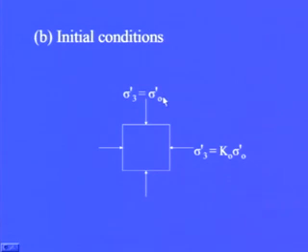Initial conditions are sigma 0 dash in the vertical direction, which we can determine as gamma dash into the depth of point P below the ground surface, and sigma 3 dash is equal to K naught sigma 0 dash, that is the lateral stress.